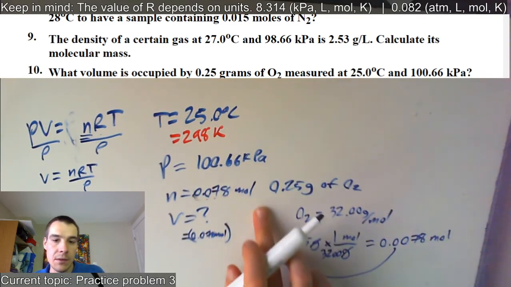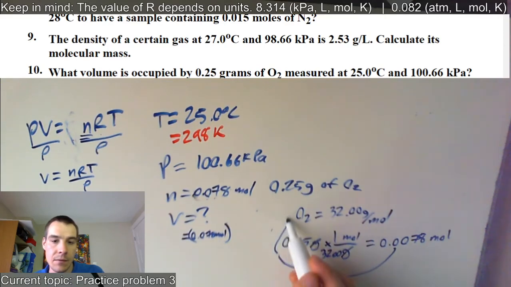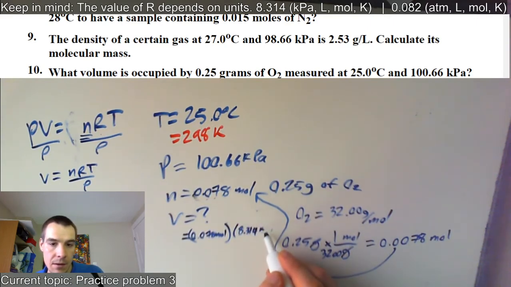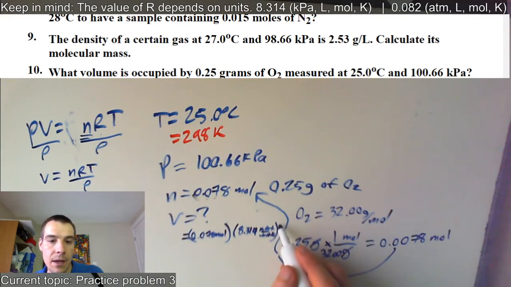Our pressure is in kPa, so R is going to be 8.314 kPa liter per mole K. Don't worry if you can't see the unit there, it's fine. And the temperature, 298 Kelvin.